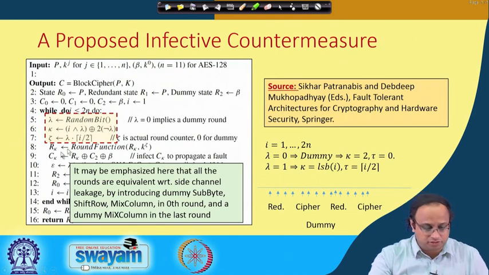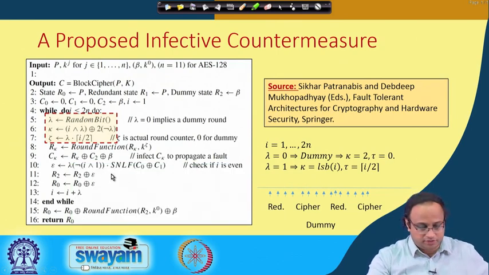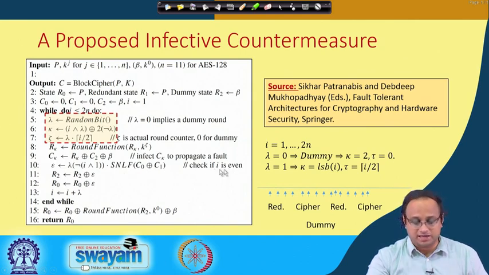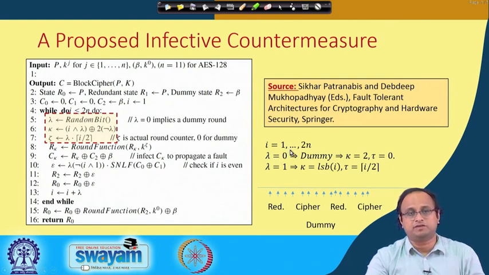If you observe this algorithm, the infection, that means the computation of error epsilon, which is SNLF of C0 XORed with C1, only happens if I is even. We start with I equal to 1 and then we have the even term, so the second term is always the even term. That means this check happens only when you are doing the cipher computation and not when you are doing the redundant computation.